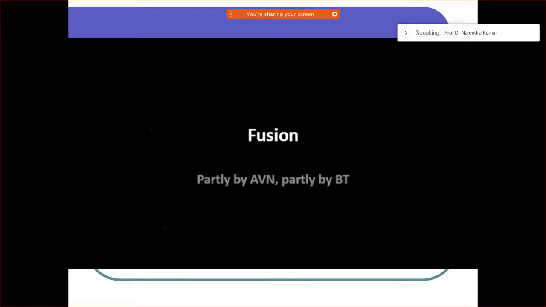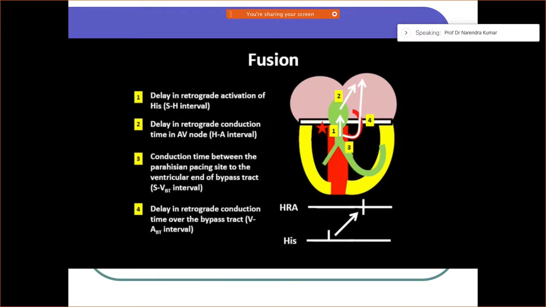So literally the fusion is happening partly by the AV nodal conduction and partly by the bypass tract conduction. So during the fusion there's delay in the retrograde activation of His, which is the SH interval, and there's delay in the retrograde conduction time in the AV node, the HA interval, if you look in this animation over here.